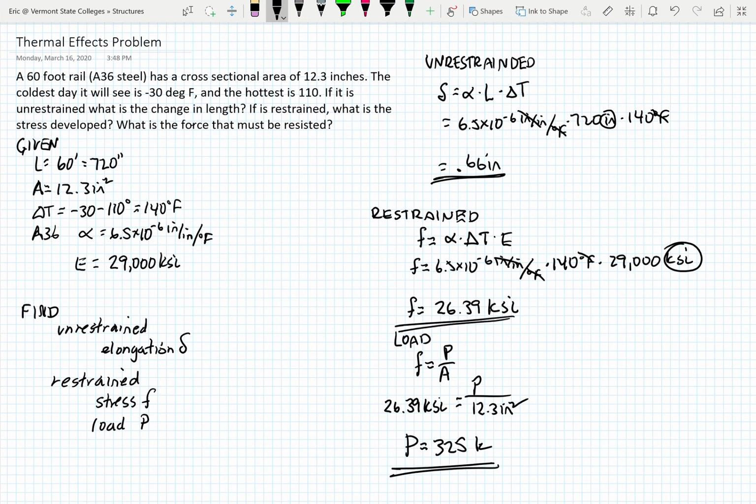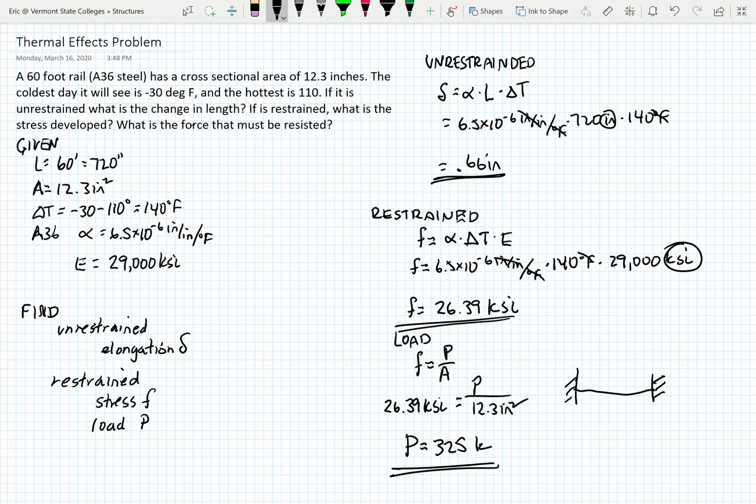We're going to look at reasonableness. 325,000 pounds, over 150 tons, which says that it's going to be quite difficult to restrain something against this movement. You're going to have some pretty strong supports.